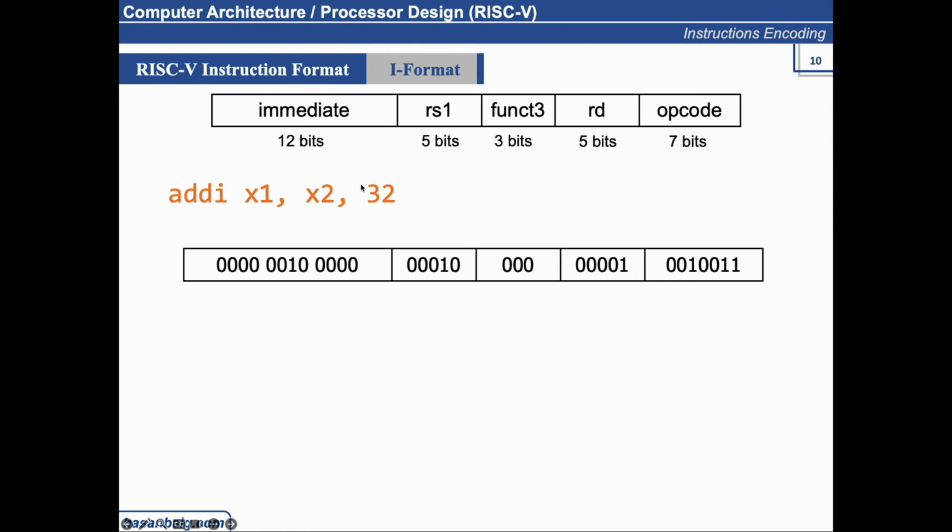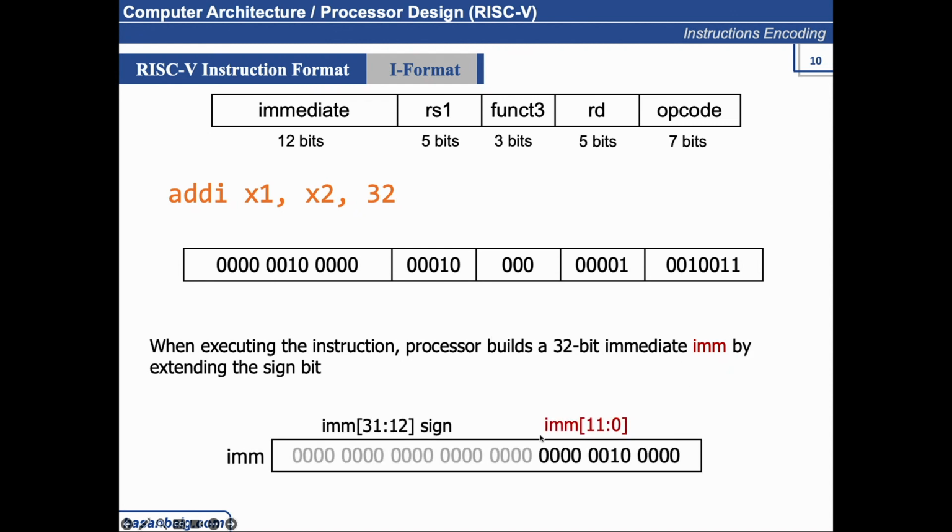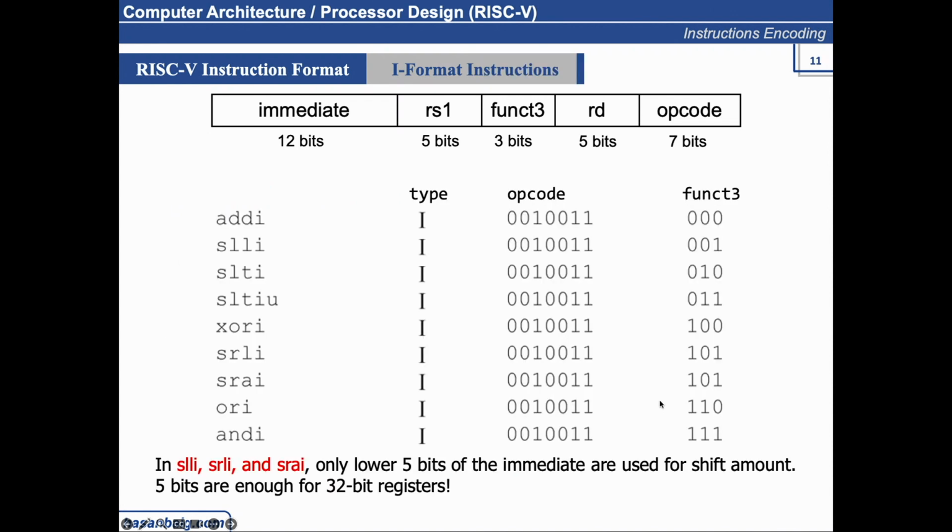And then we have x1, which is the destination register, and then source register 1, which is here, RS1, and 32 is placed here. As I have already mentioned, when executing the instruction, it is extended to 32 bits first and then added to the contents of x2. So this is the I instruction format summary. You can see ADDI, SLLI, SLTI, and all I instructions have the same opcode.